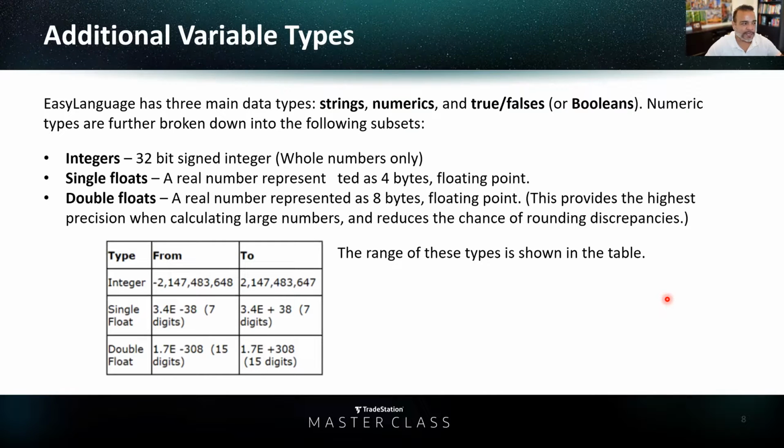So int would be the way that you do that for an integer. Or a float, as you can see right here in this little table, it's a precision that goes up to 7 digits on a decimal place. And the double is the one that goes up to 15 digits.